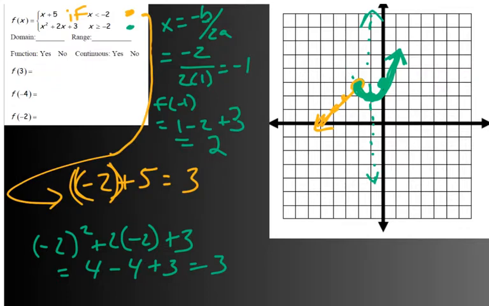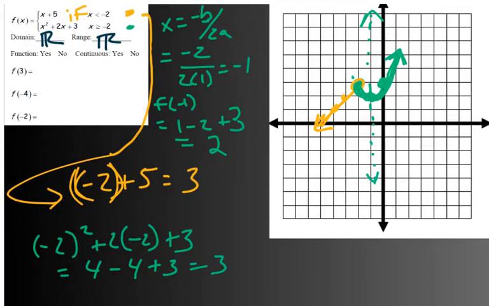So I just want to answer these next questions. What's the domain? There's no jumps or anything. The domain is all reals. The range is actually the same thing. You've got arrows going up and down, so that's also all reals.